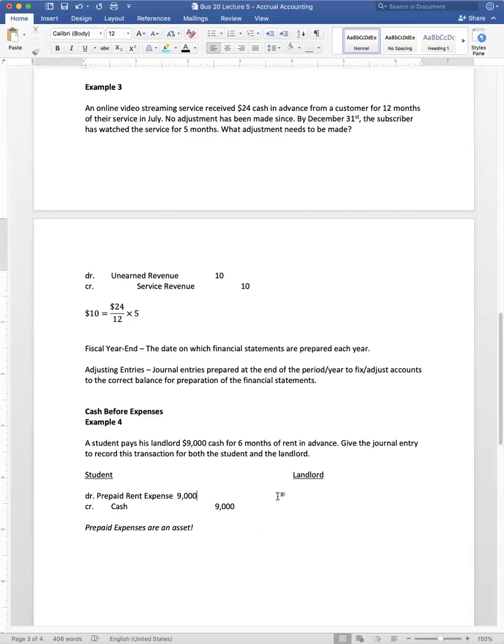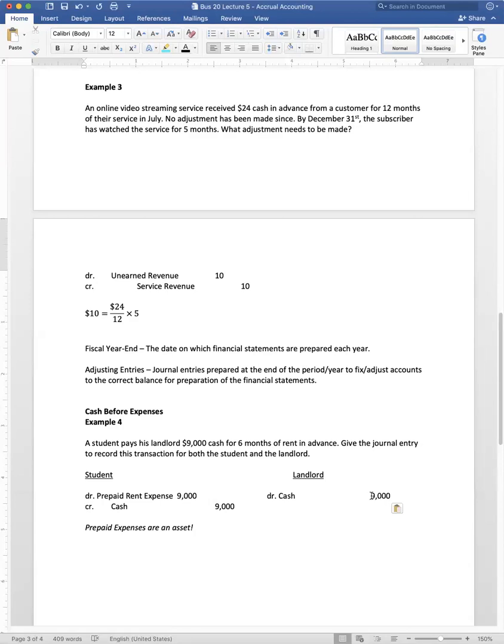All right, now let's think about it from the landlord's point of view. So the landlord isn't paying cash, the landlord is receiving cash. So the landlord is going to have a debit to cash, right? They're receiving it. Now in the landlord's case, they're receiving cash, but have they earned revenue?